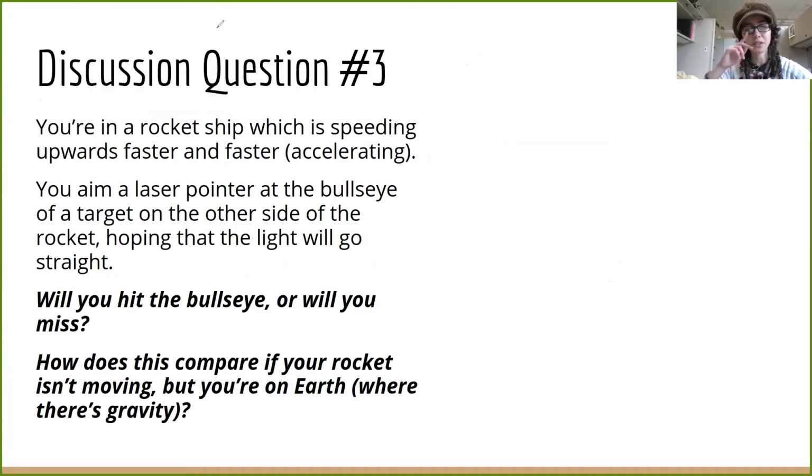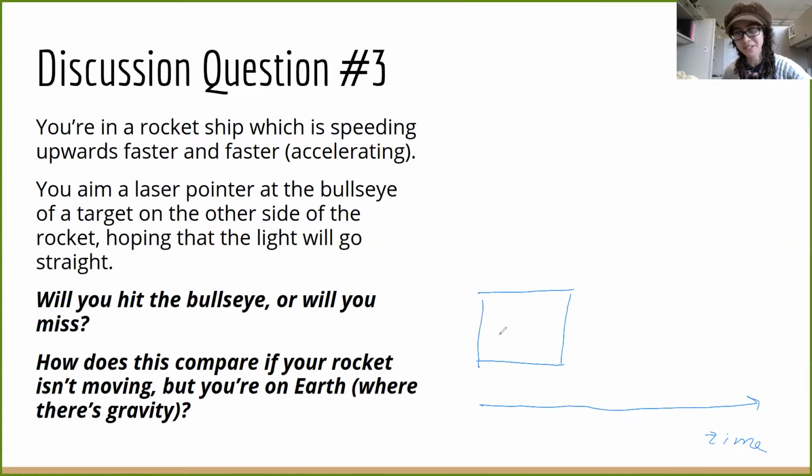So here's our third discussion question. And I'll try to draw this out for you. So here is time. Let's say you're in a rocket ship that's speeding up in space. Or, let's just say it's speeding up in space because that's where rocket ships belong. And you have a laser.